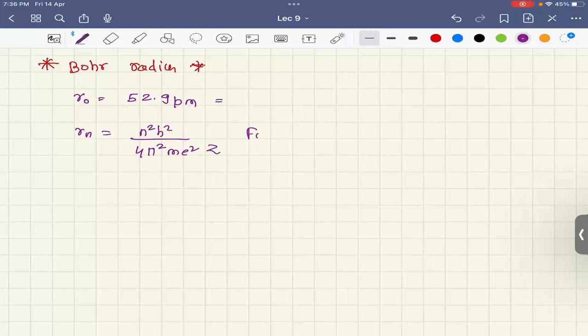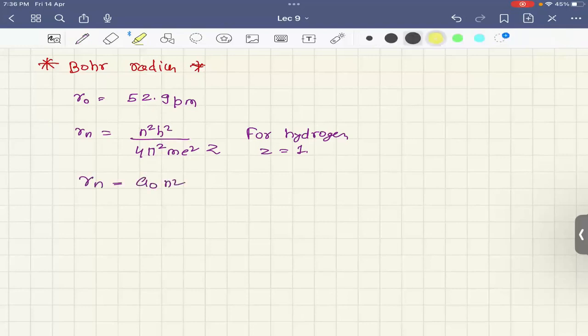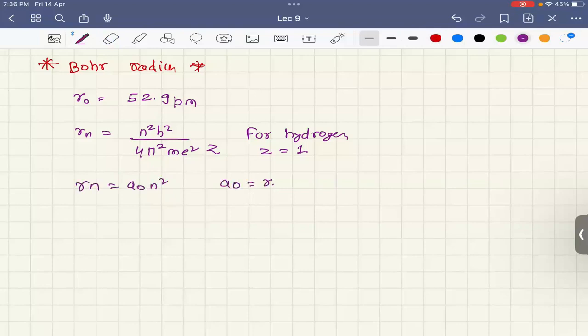For hydrogen, z is equal to 1. So hence Rn is equal to A0 n square, where A0 is nothing but R0, which is 52.9 picometer.